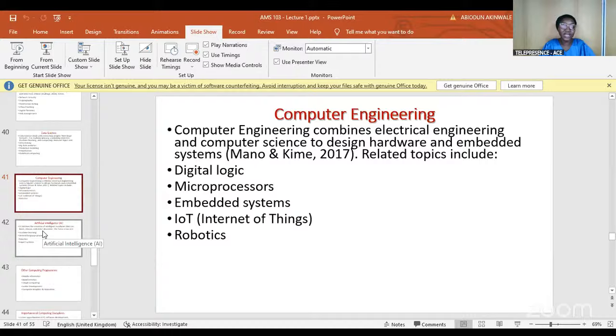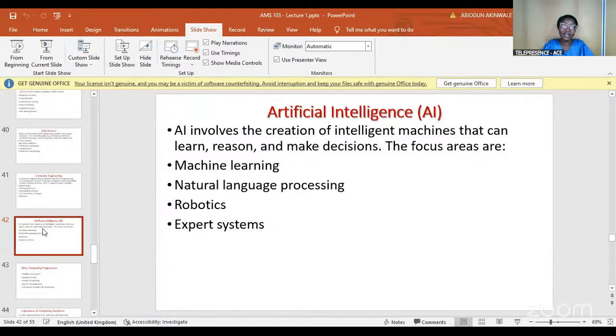So computer engineering, there you have the digital logic, microprocessors, embedded systems, Internet of Things, and then the robotics, which today is a big challenge to many individuals who will not improve themselves.